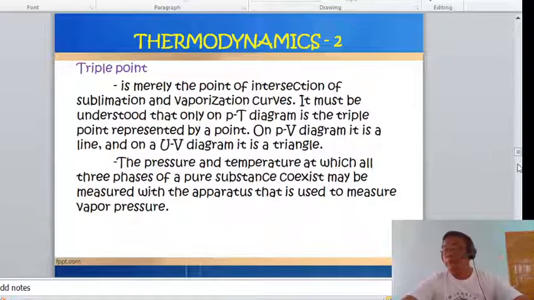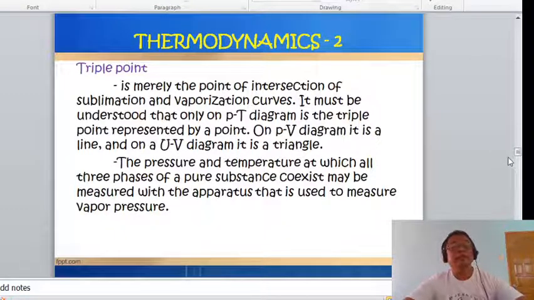So another, we have the triple point. It is merely the point of intersection of the sublimation and vaporization curves. It must be understood that only on a PT diagram is the triple point represented by a point. On a PV diagram, it is represented by a line.